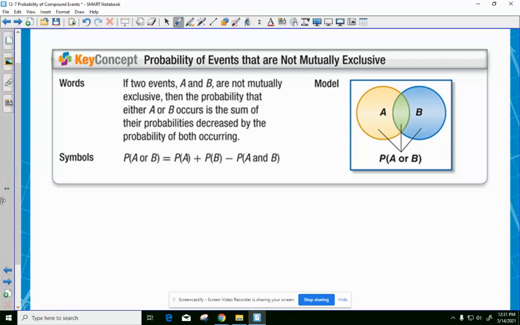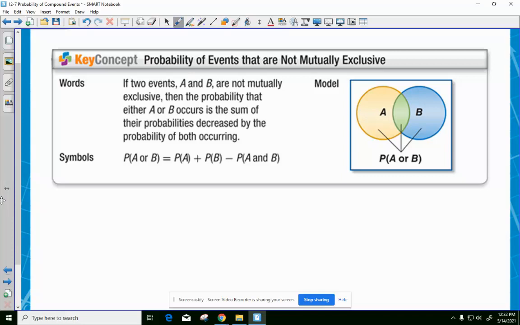So when we talk about things being not mutually exclusive, then we're starting the same way. What's the probability of A or B? And I will continue to do the beginning part the same. Find the first probability, add it to the second probability. But now you're going to have to take out anything that got hit twice because you've overcounted.